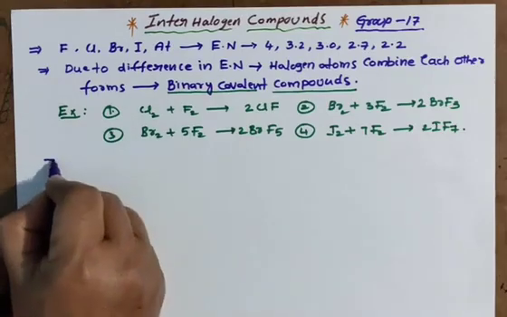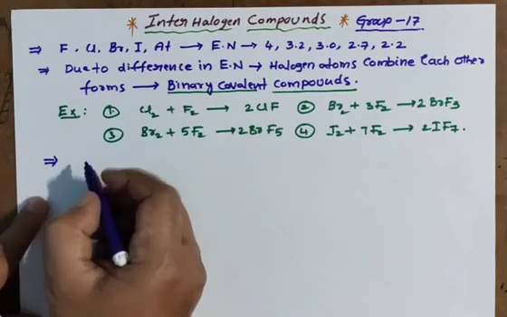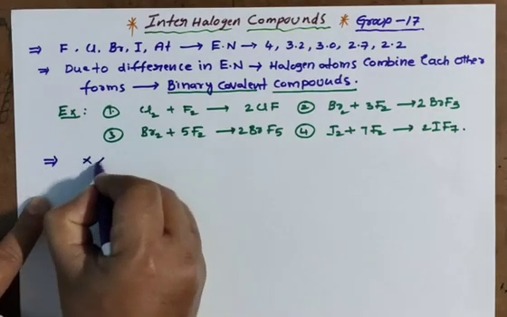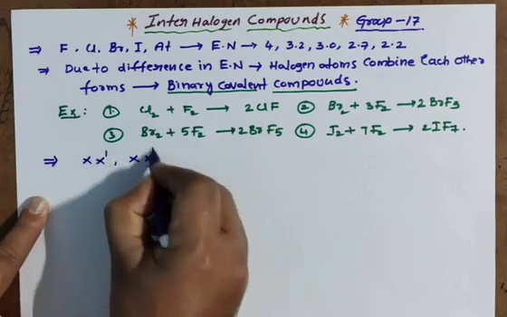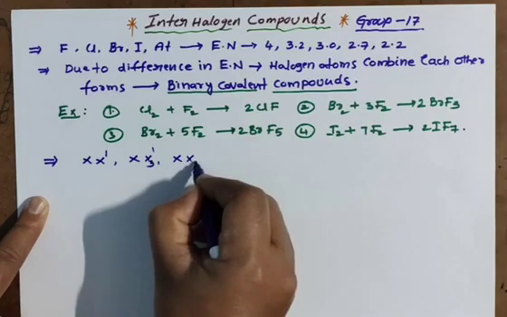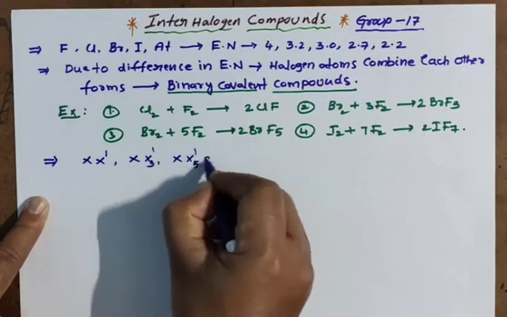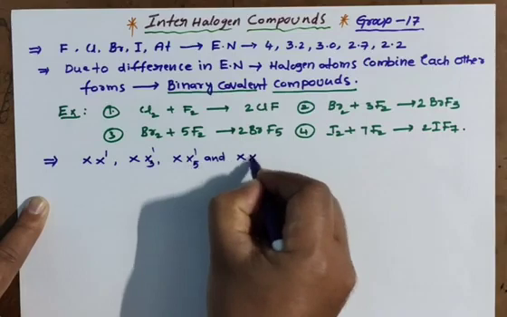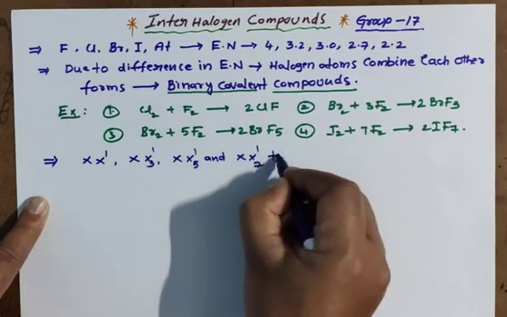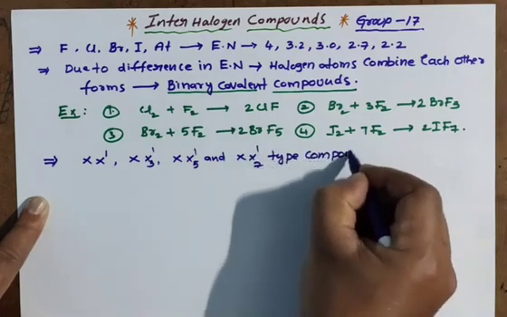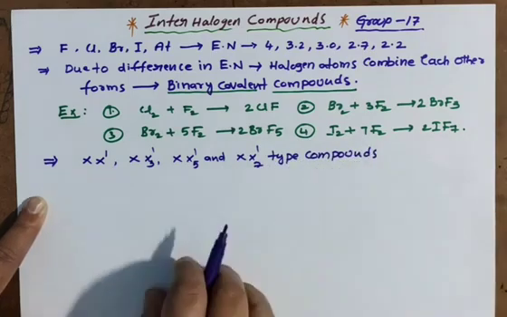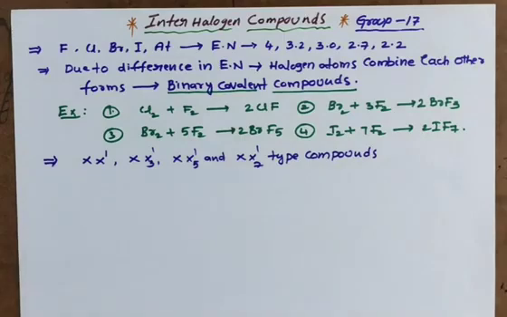What type of compounds will these form? They can form XX', XX'3, XX'5 and XX'7 type compounds. What does X mean?